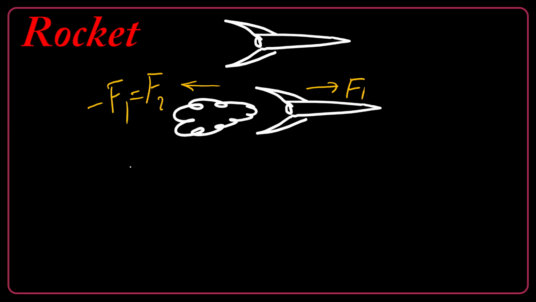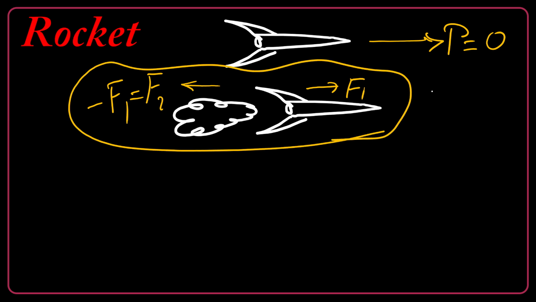And so the total change in momentum of the rocket plus the gas will be zero. If the rocket was at rest, the total momentum is zero, and again the system is at rest. Although the rocket accelerates rightward and the gas accelerates leftward, the center of mass of the rocket plus the gas won't change.